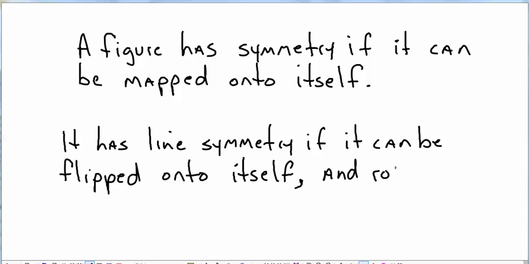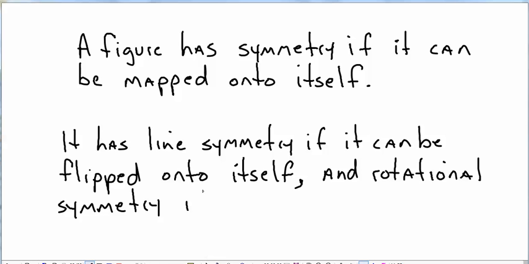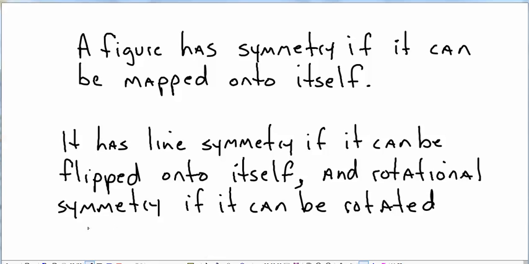And rotational symmetry if it can be rotated onto itself.